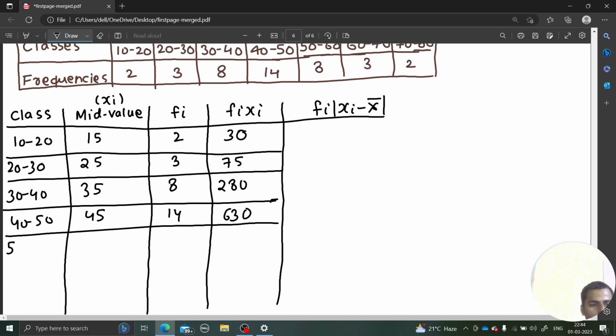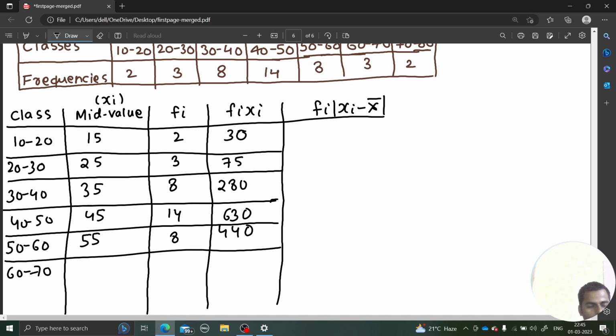then we have 50 to 60, and it is 55, and it is given 8. So 55 times 8 is giving you 440. Then we have 60 to 70, 65, then 3. This is 180 and 195.